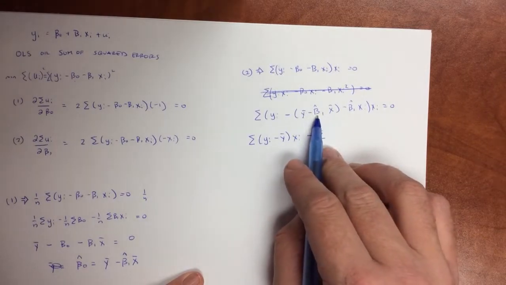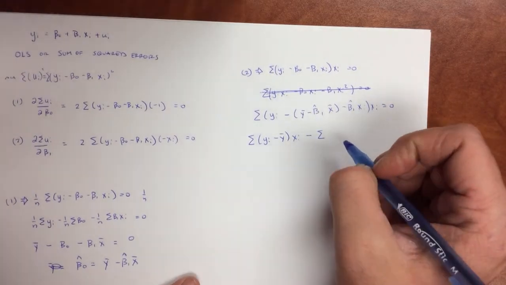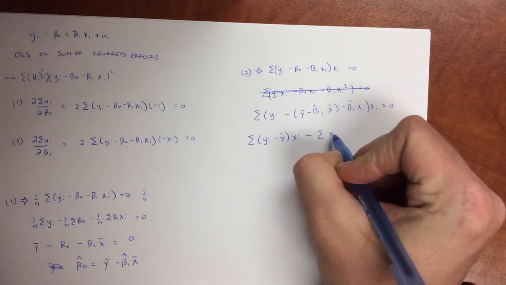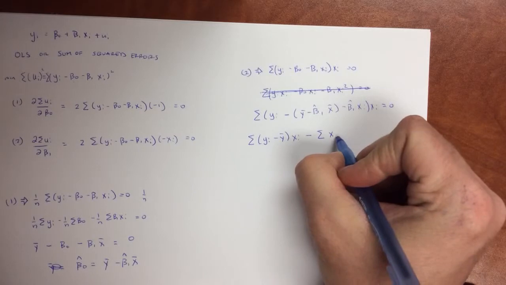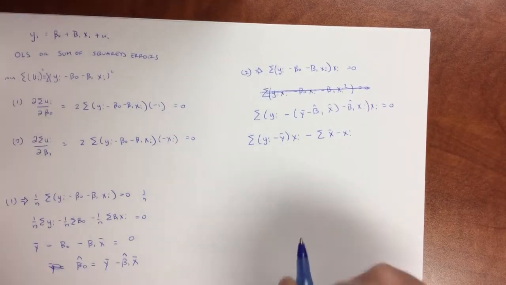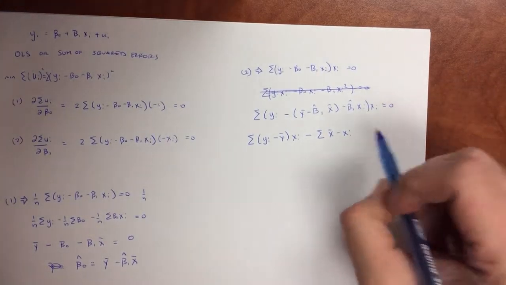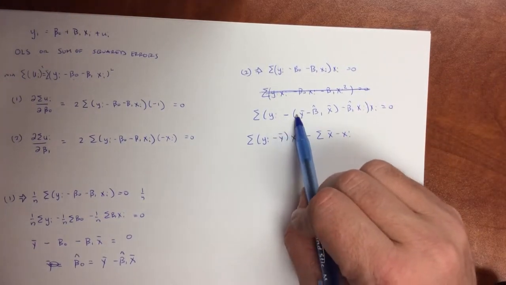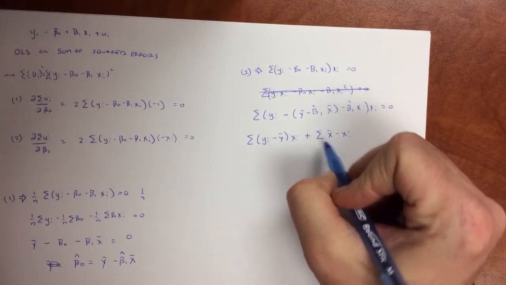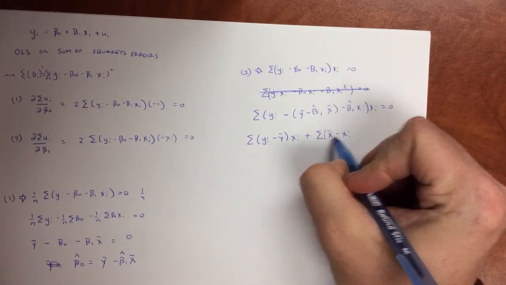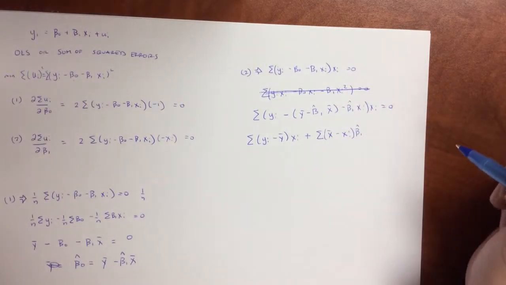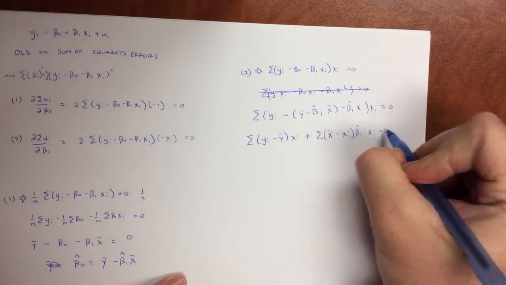Now we have this beta 1 and that beta 1. Let's make sure we get these negatives. It'll be positive x bar, so plus x bar minus x_i, beta 1 hat, times x_i equals 0.